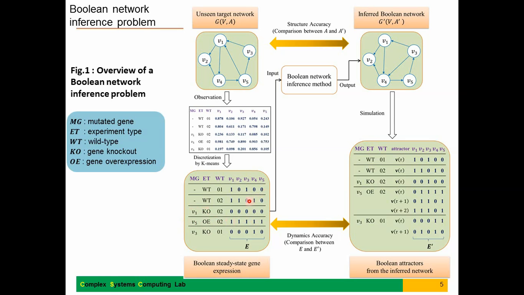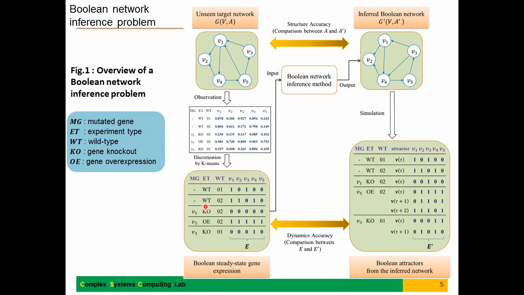After we get the data, we input the data into our proposed method, and the GA is used to infer the Boolean network. We then conduct simulation on the inferred Boolean network to find attractors similar to the phenotypes on the left side here.